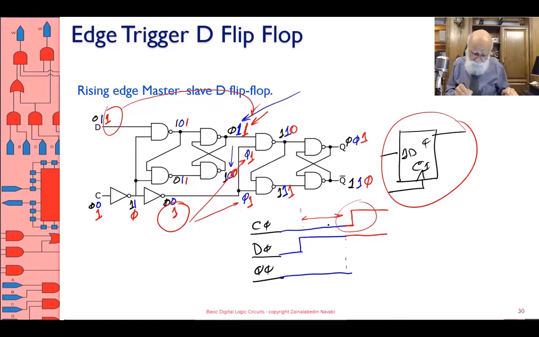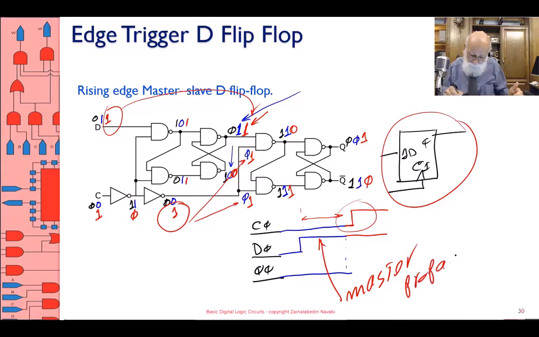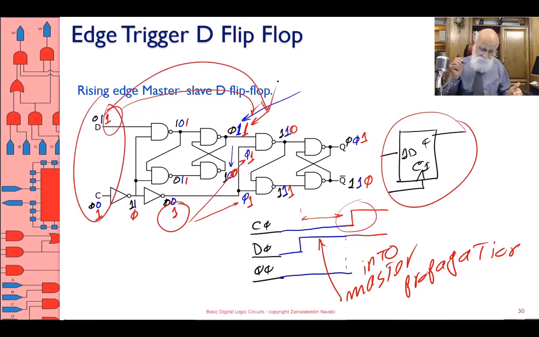This timing that I'm showing between when D becomes 1 and clock becomes 1 is the master propagation. Actually, into master propagation, meaning from this to this. All right, this is done. And then we go to the next work.